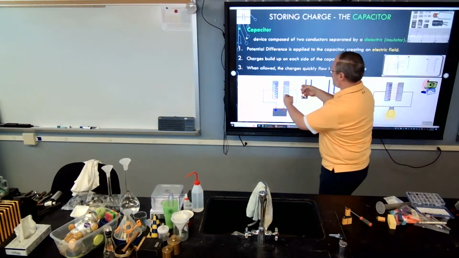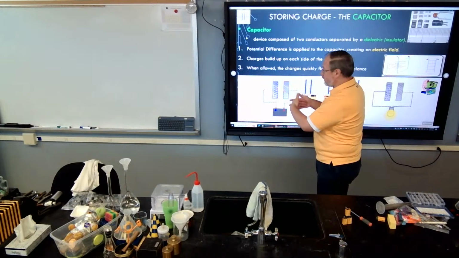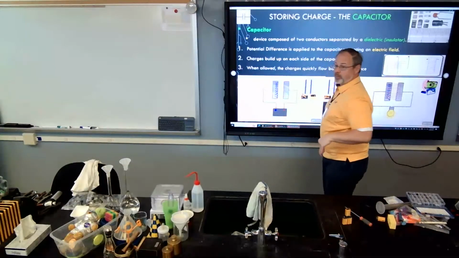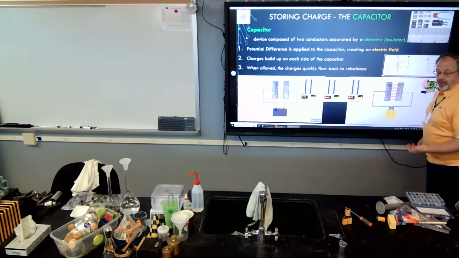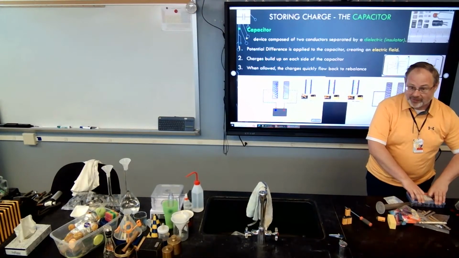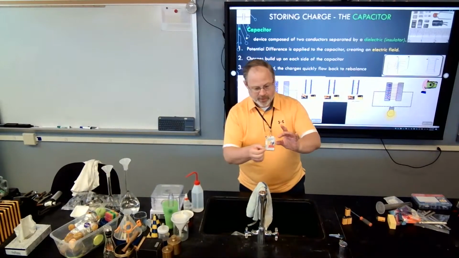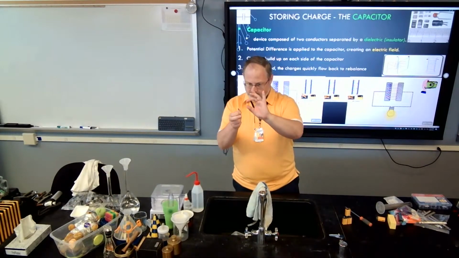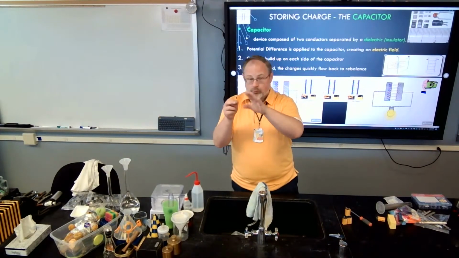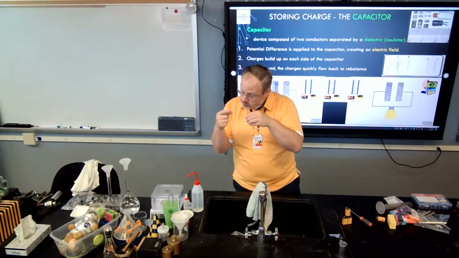Because if you create charge, those charges want to travel back to each other, you need to put a good insulator in between. How strong your capacitor is going to be is based on how good your dielectric is. These are the old style capacitors. These are literally a strip of metal about a centimeter wide, rolled up with a piece of paper and another piece of metal.